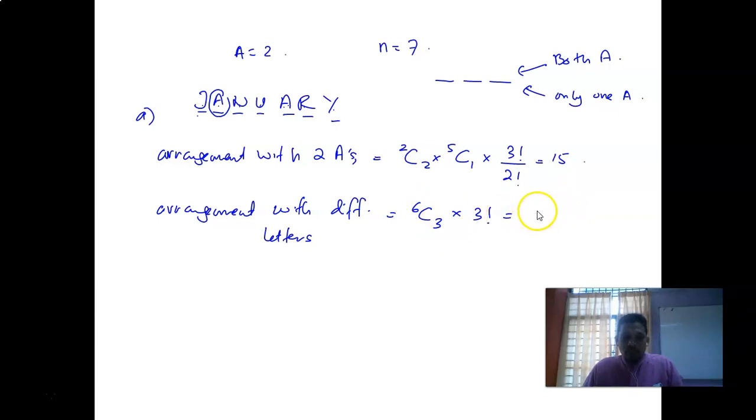It is equal to 120. So case number 1 plus case number 2, 15 plus 120, equals 135 ways of arranging 3 letters from the word January.